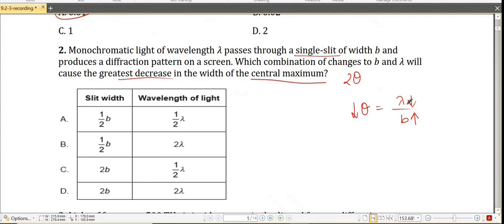So let's look for where lambda is decreasing. Lambda is decreasing here and lambda is decreasing here. So it is not B, it is not B. Now, where is b increasing between A and C? b is increasing here. Therefore, the answer is C.